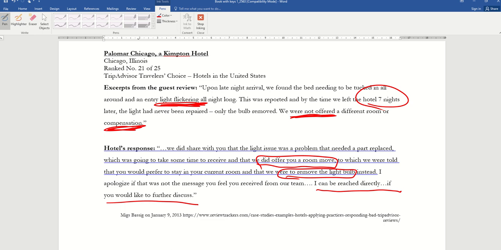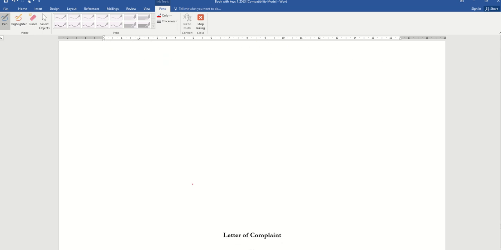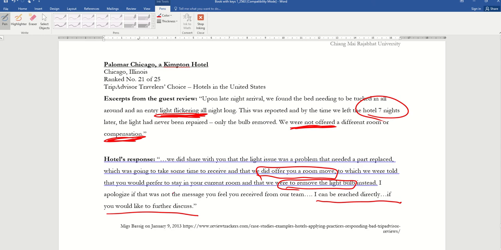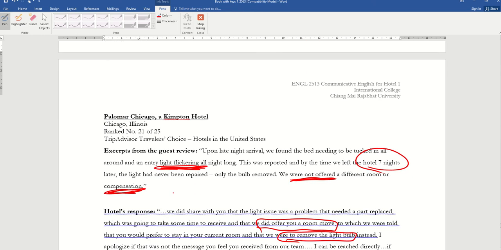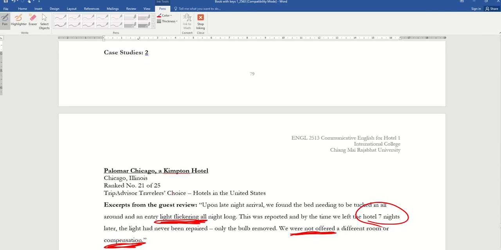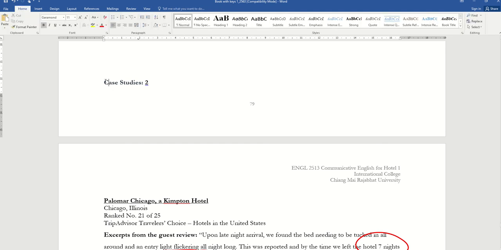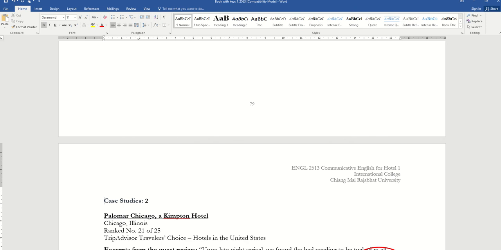Okay, here are the two examples. That is the informal complaint that we usually see on travel agent websites, online, whatever.